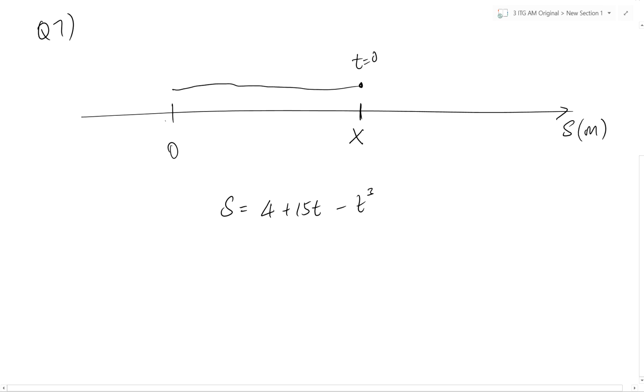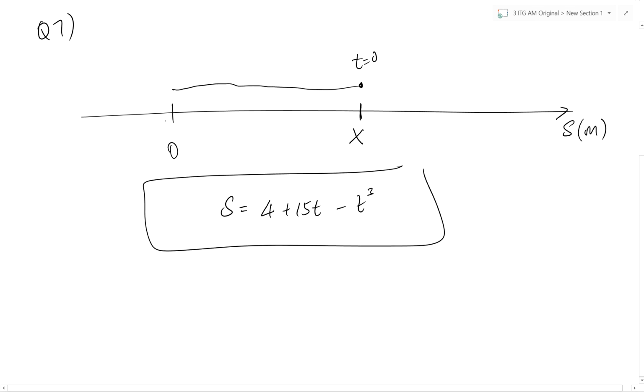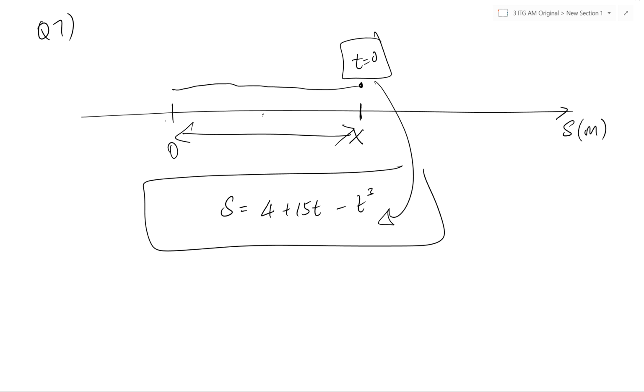We can find the distance OX simply by substituting t equals 0 into the equation. S is going to be equal to 4. Therefore, OX is equal to 4 meters. It tells us the start state. When time equals 0, our displacement is already 4. It has already started before we started timing.